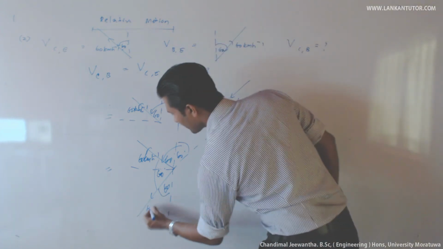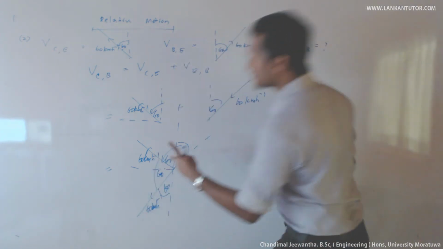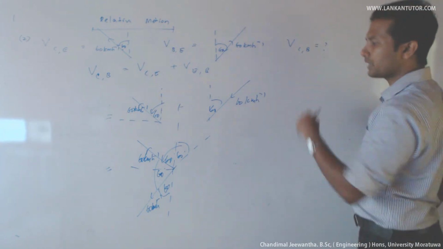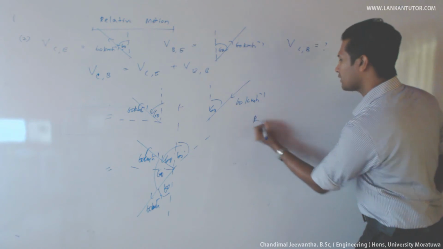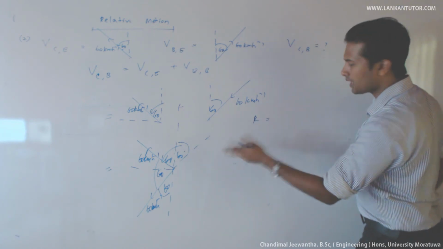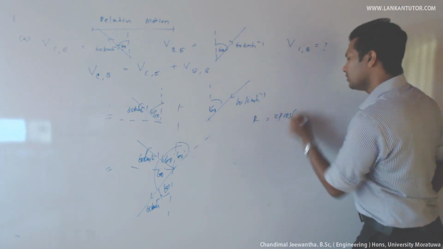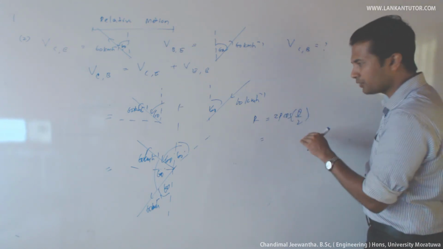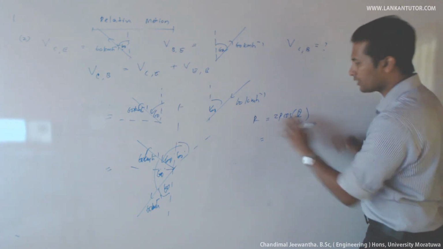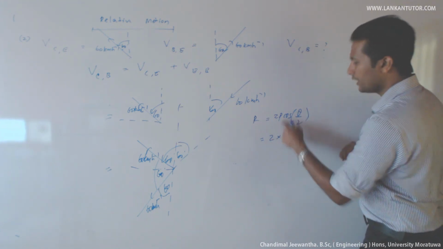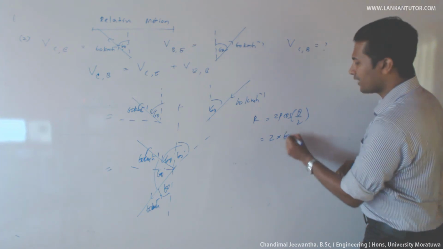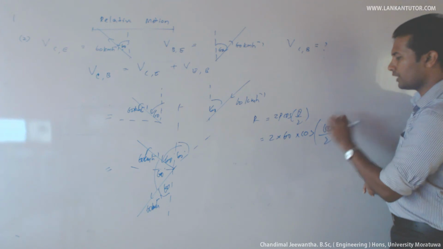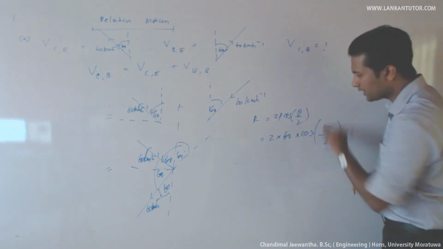Then you can get the resultant of these two, which gives you VCB, which means velocity of C relative to B. So R equals, since the two vectors are equal, you can use this special equation 2p cos theta divided by 2, where theta is the angle in between the two vectors. 2 into magnitude of one vector, cos 60 divided by 2, that is cos 30, root 3 divided by 2.